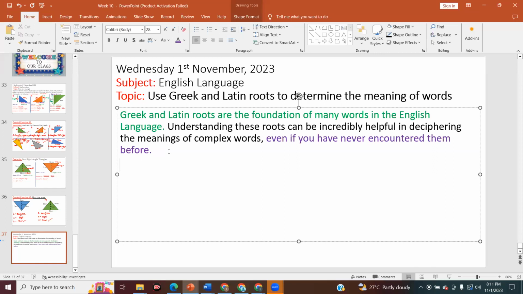So the first root that we'll be looking at is Beni. Now, Beni is Latin, and this root means good or well. Good or well. Now, can you think of any word that starts off with Beni? Beneficial. Beneficial, very good. What else?